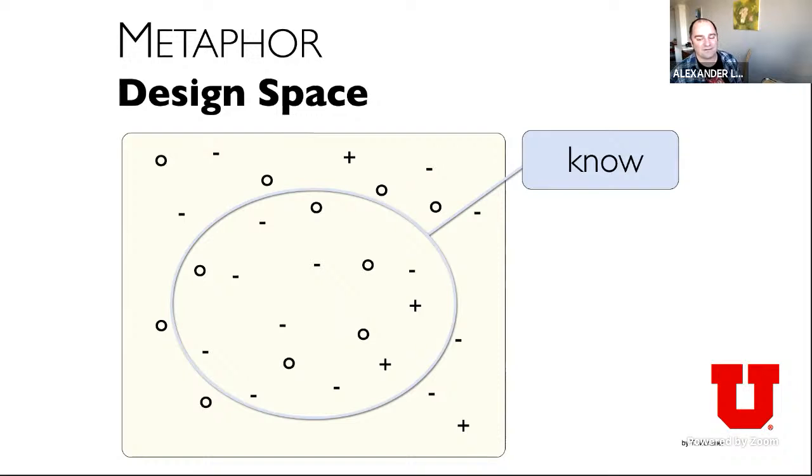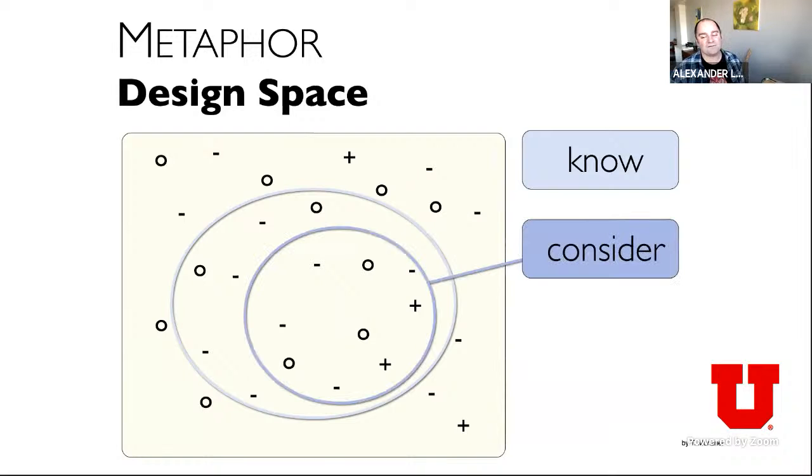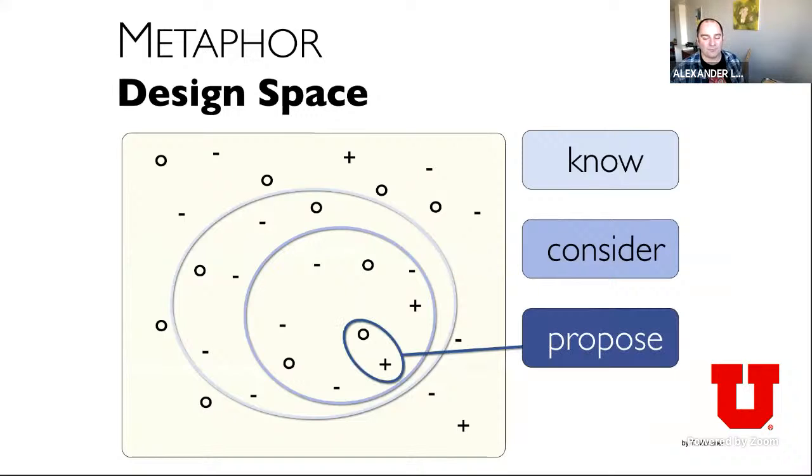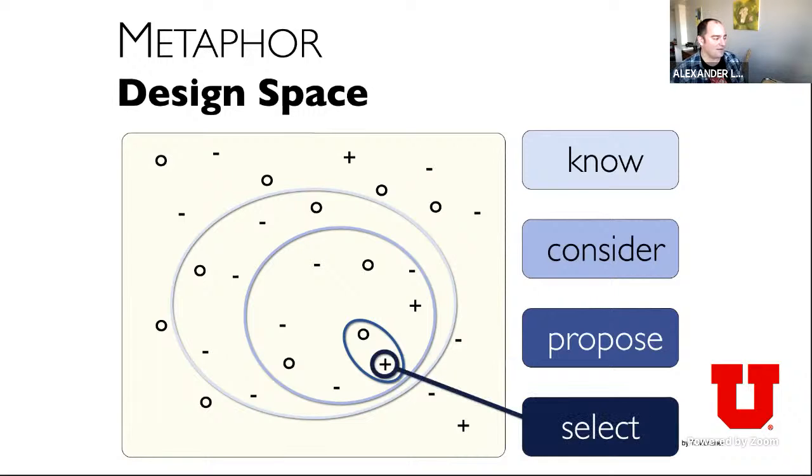If there is an excellent solution and you've never heard about it, then you cannot use that solution to address the problem. So first you have to know many different solutions, and that constrains what you can select. Then you consider them, you subset them for a particular reason. Then you propose two solutions that you think might be good. You weigh their pros and cons, and then eventually you select one technique.